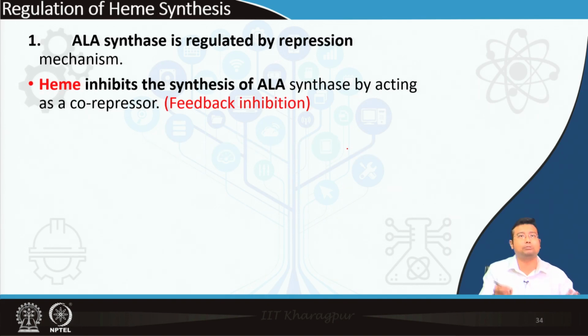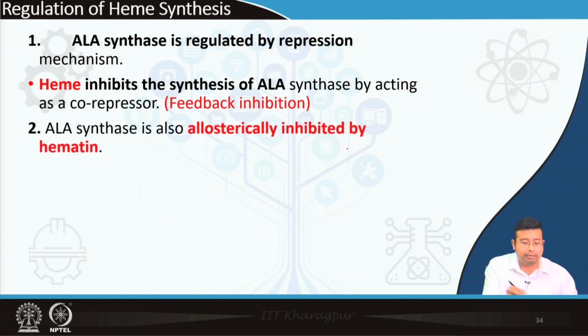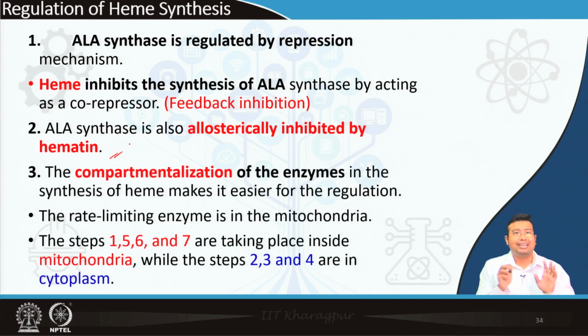There are multiple mechanisms. The first mechanism is that the rate limiting enzyme, delta aminolevulinic acid or ALA synthase, can be feedback inhibited by heme itself. It is a repression mechanism, and heme is a co-repressor. Not only that, it can be allosterically inhibited by hematine. Next, the compartmentalization of enzymes also helps in the regulation.